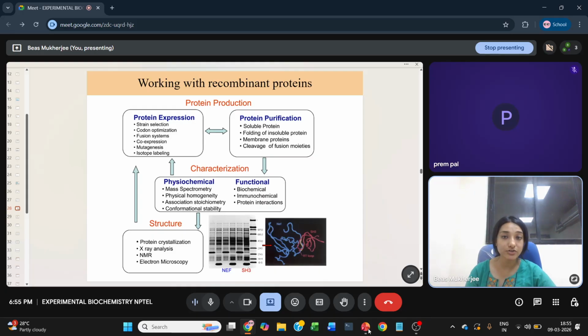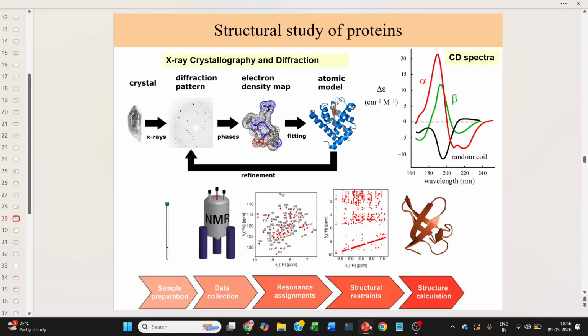And if you want to know the structure of the protein, then there is protein crystallization, X-ray analysis, NMR, electron microscopy, etc. Right? So all of these different studies are done for different proteins.